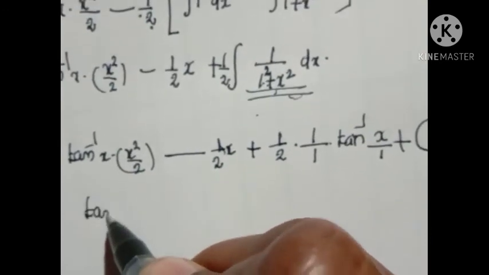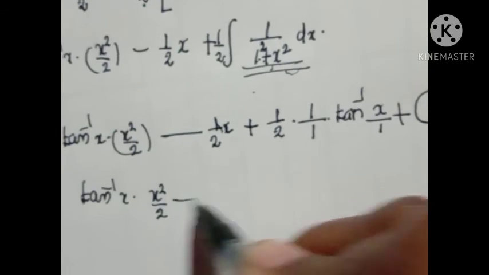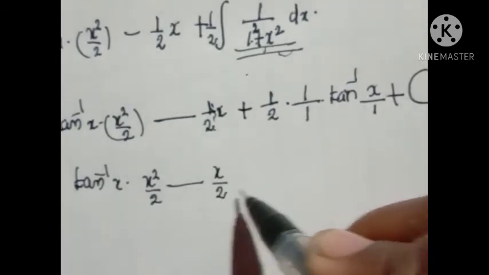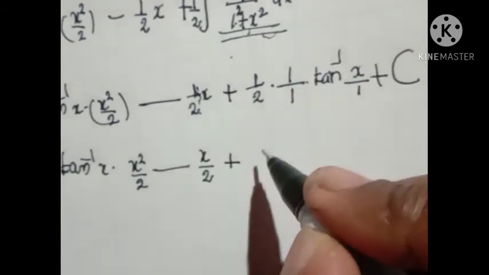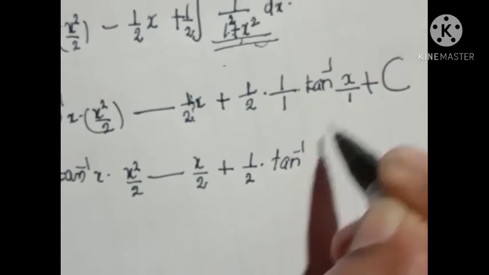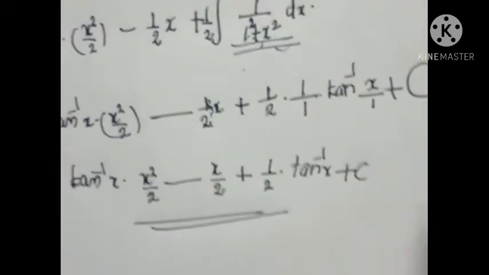So simplify: tan⁻¹x times x²/2 minus x/2 plus 1/2 tan⁻¹(x/1), which is x, plus c. Okay.